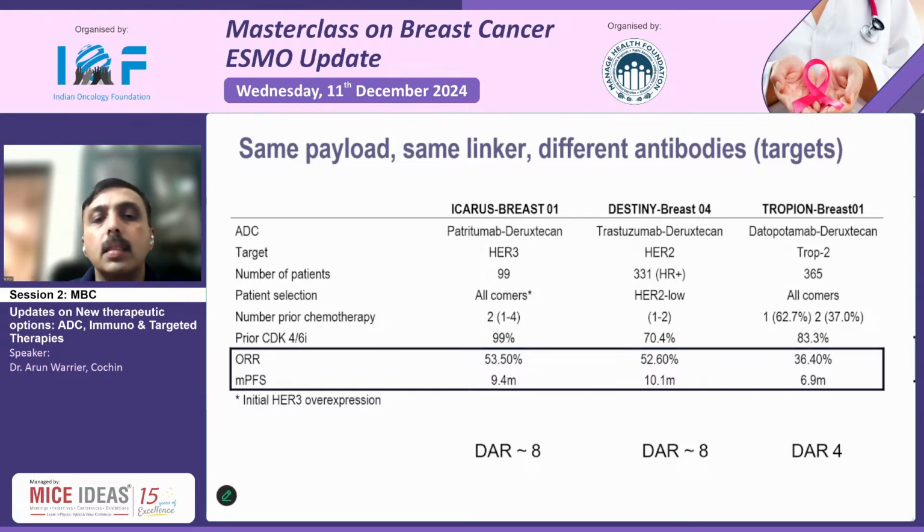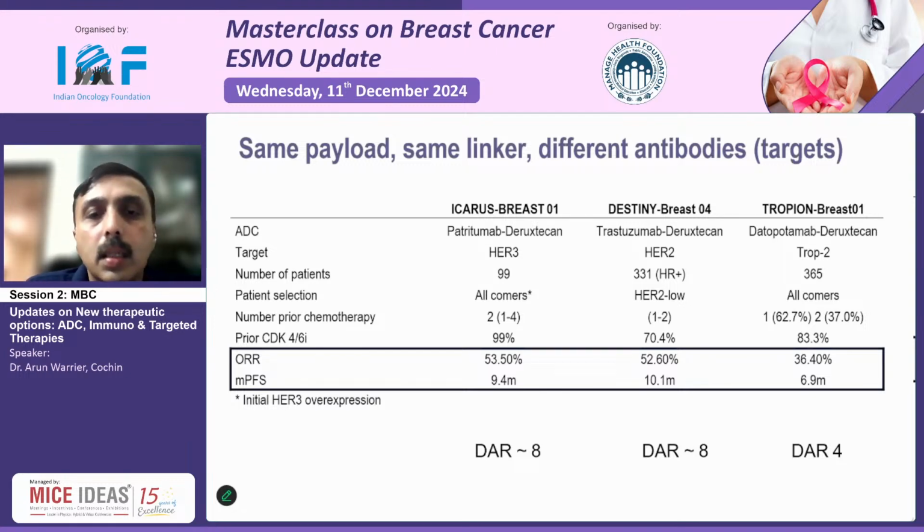Among the ADCs, patritumab has a DAR of around 8, T-DXd also around 8, and datopotamab deruxtecan, which we already saw, has a DAR around 4. So 2 to 4 is supposed to be the best, but there is a lot of debate, and the best assay for this is still evolving. But in all ADCs, we should look into this part.